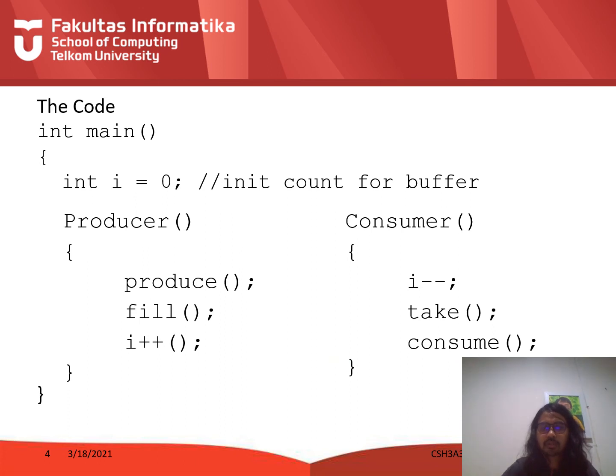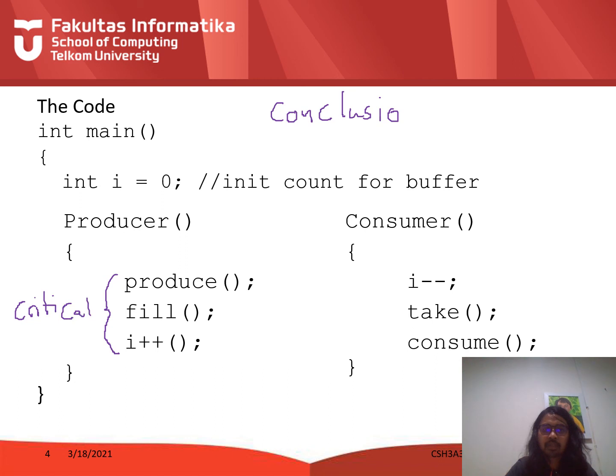So what is the conclusion of this story of race condition? The conclusion is that when the producer runs, it cannot be interrupted, meaning that this is a critical section.